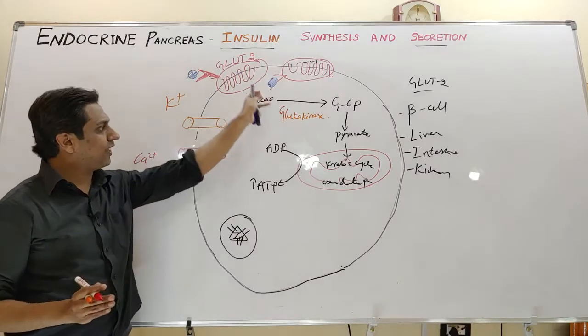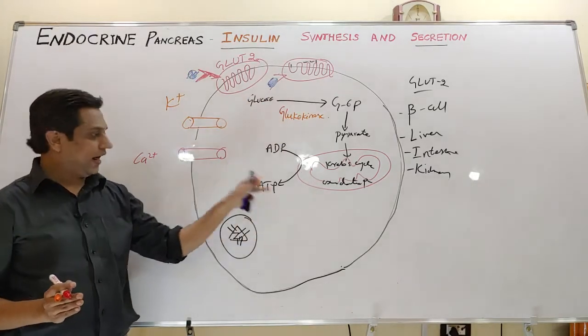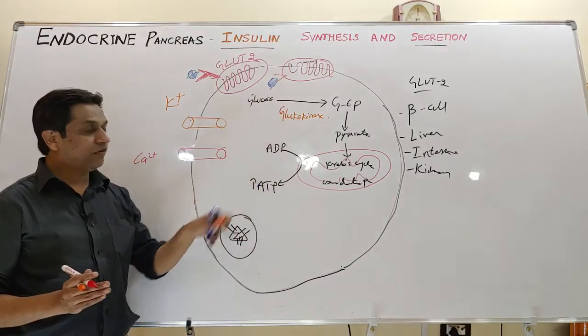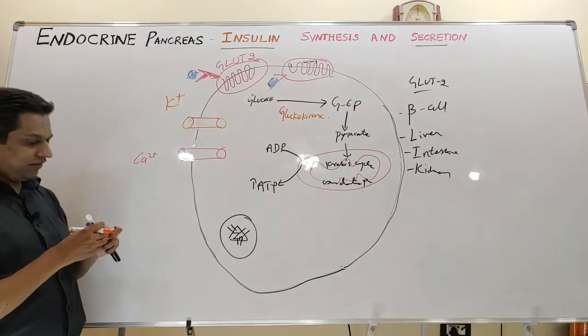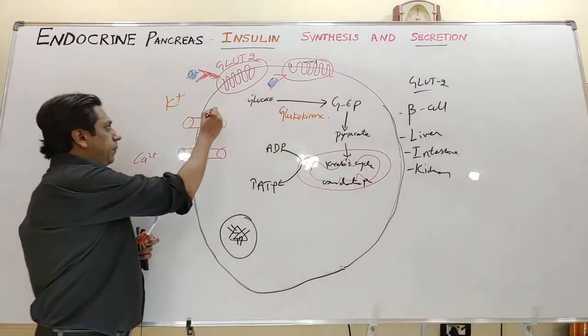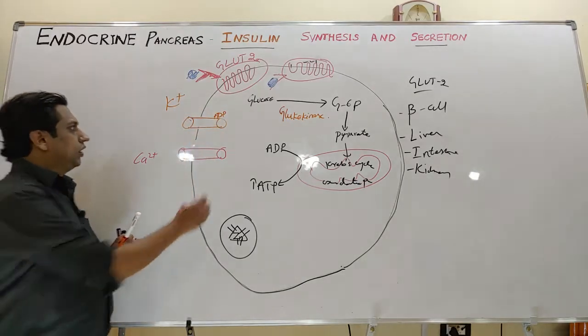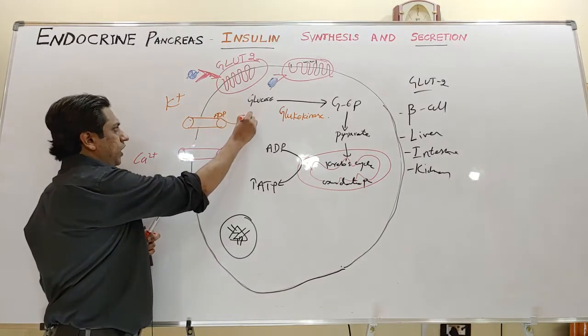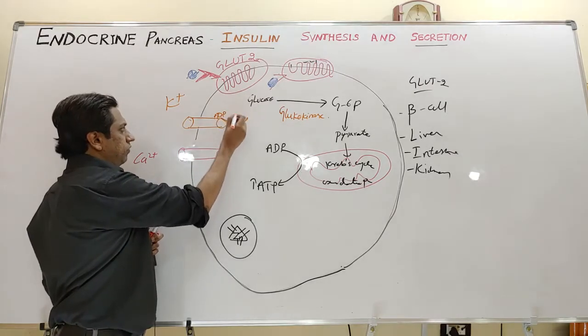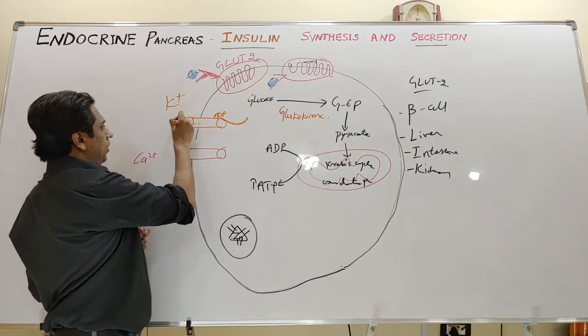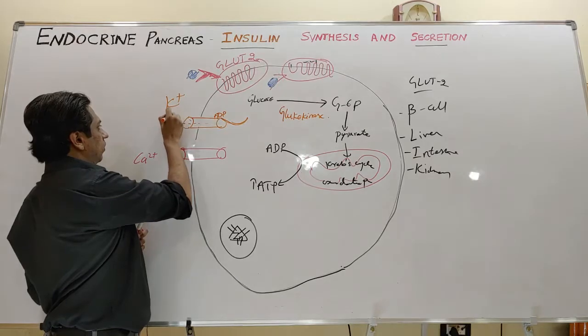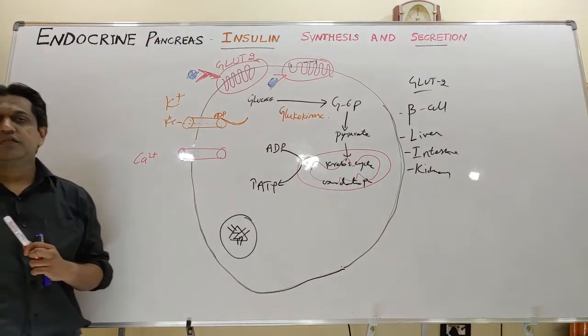that is, when the glucose has not yet entered, and there is no formation of the ATP. So this ADP, okay, ADP, so the door of these potassium channels is open, and the potassium is leaking out.